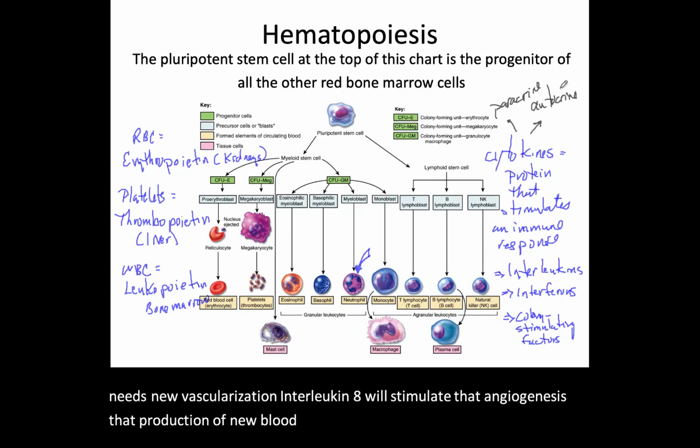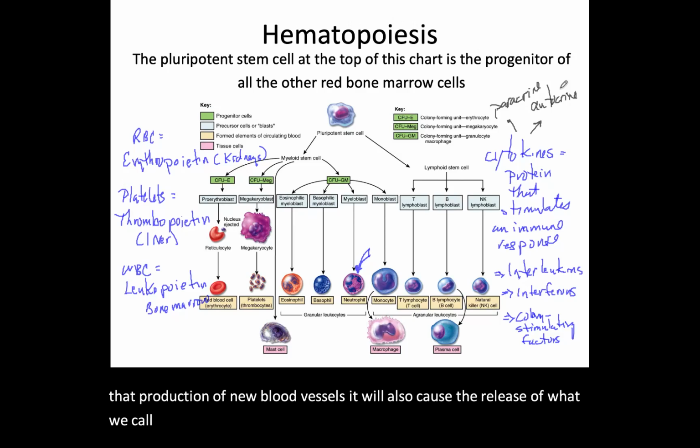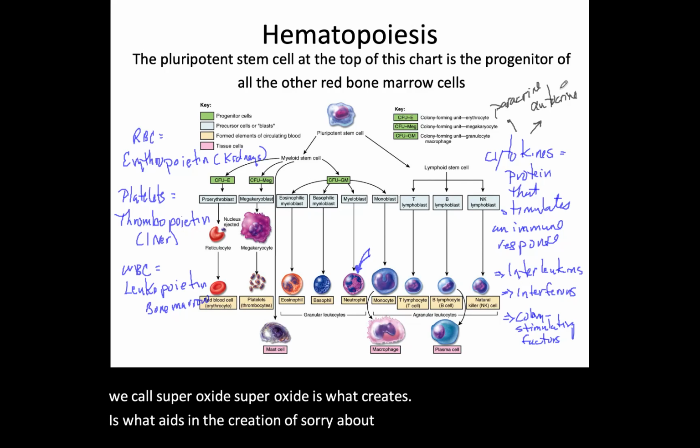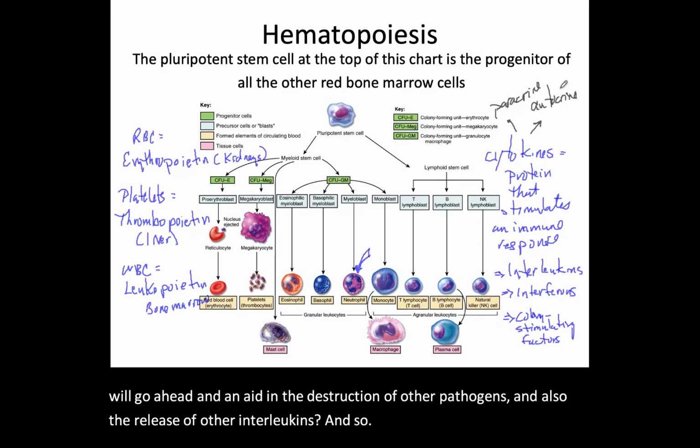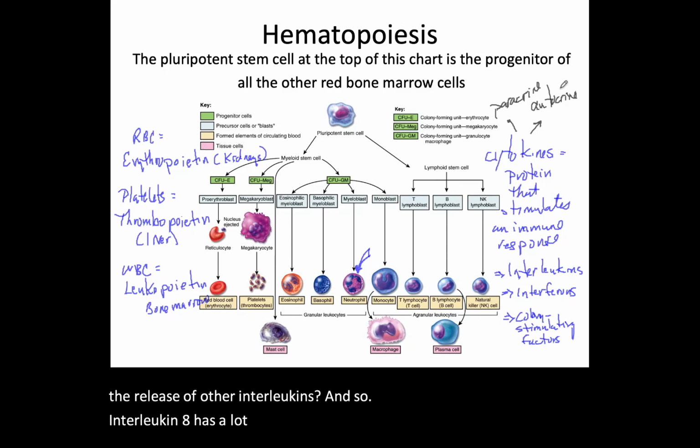It will also cause the release of what we call superoxide, and superoxide is what aids in the creation of hydrogen peroxide, which will go ahead and aid in the destruction of other pathogens, and also the release of other interleukins. And so interleukin 8 has a lot of versatility as far as repair within specific tissues.